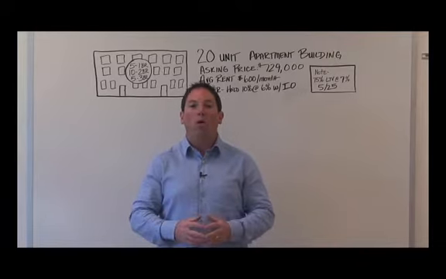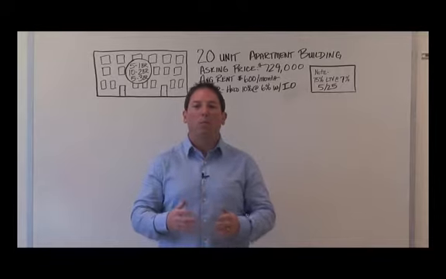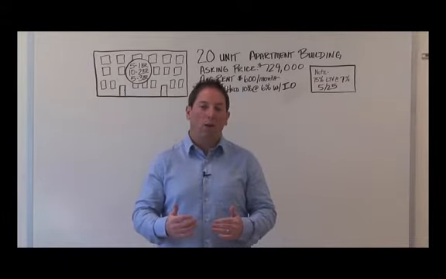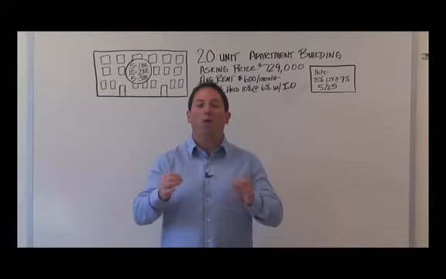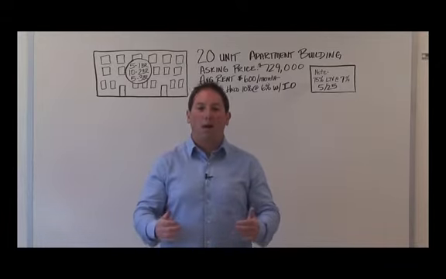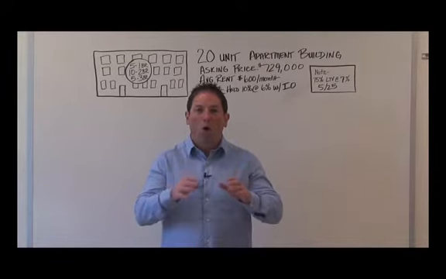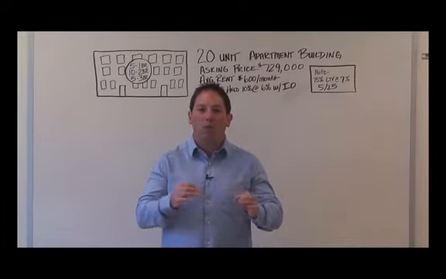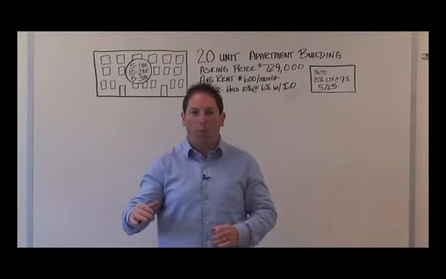Now, we are going to take a sample property and some basic property characteristics, and we're going to fill in a cash flow model. Folks, you need to know how to do this. You need to know the foundation of how to do this, all of the different elements and intricacies of how a cash flow model works with a property.